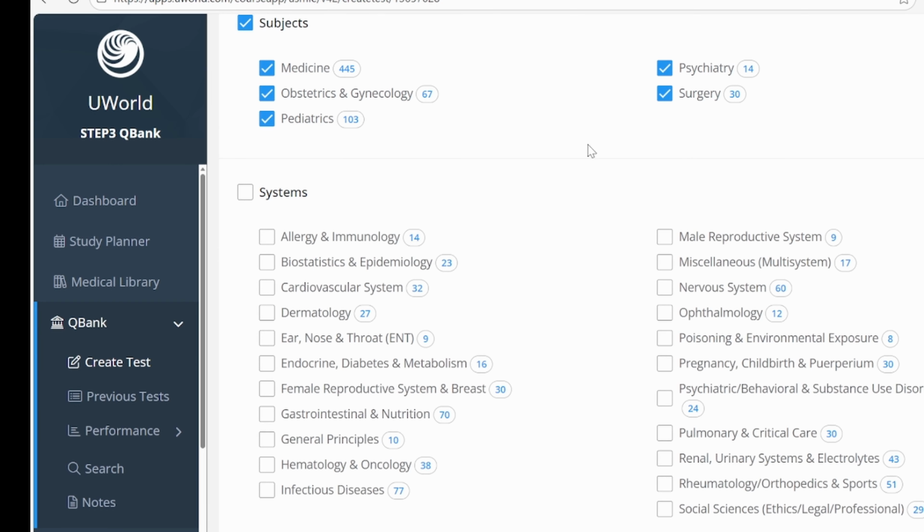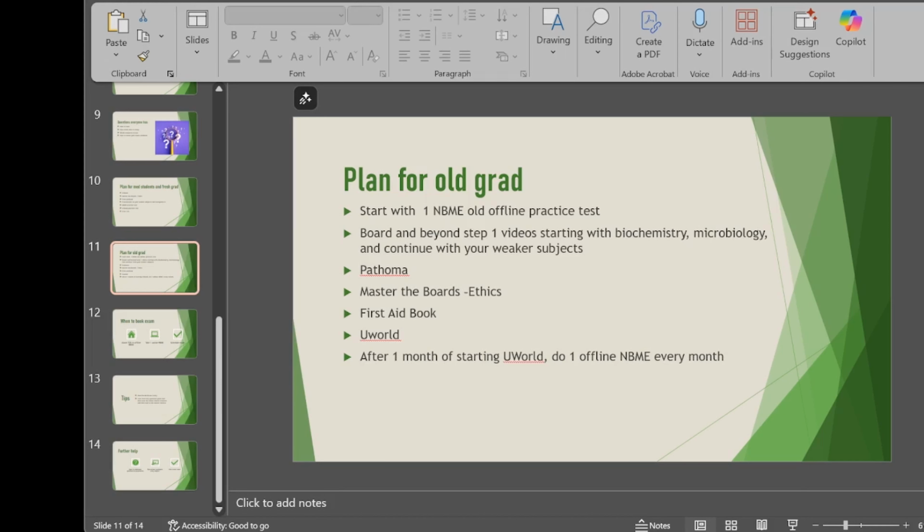I used to select all subjects and select only the systems in which I am weaker, for example, allergy, biostat, or ethics, and take a test in that. This is what helped me to strengthen my weaker subjects. So I did 5 blocks of all systems and 1 block of my weaker systems. This is what I followed for all 3 exams and it helped me a lot.